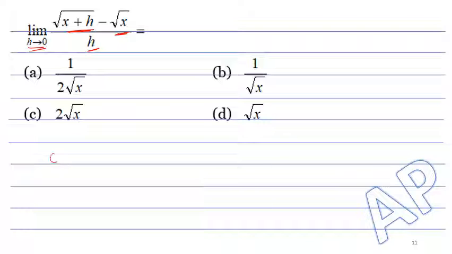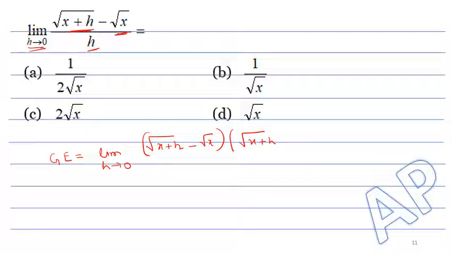So the given expression becomes limit as h tends to 0 of root of x plus h minus root x into root of x plus h plus root x, that is the conjugate of the numerator. I have root of x plus h minus root x in the numerator. I am multiplying and dividing by root of x plus h plus root of x, and in the denominator I have h here.